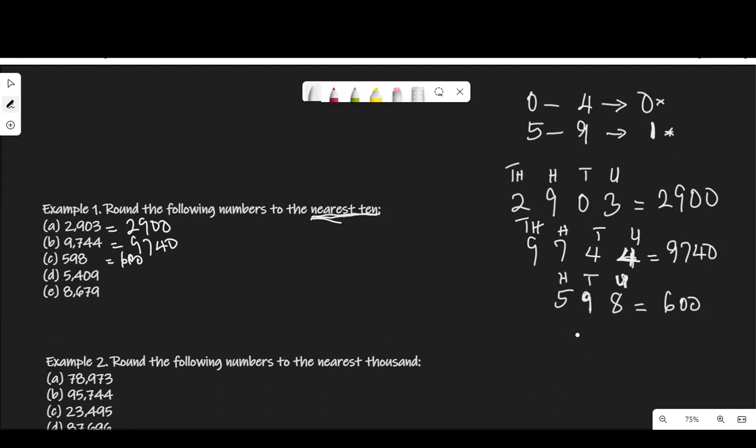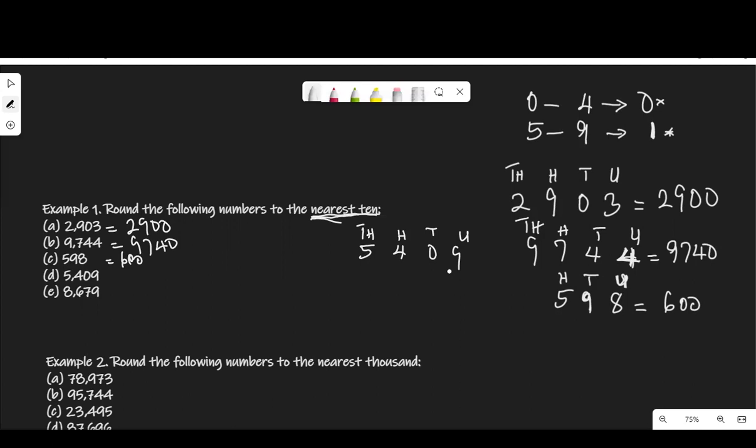Then the next one is, let me do it here, because the board is already cleaned up. 5409. This is units, this is 10, this is 100, and this is 1000. So we are rounding what?